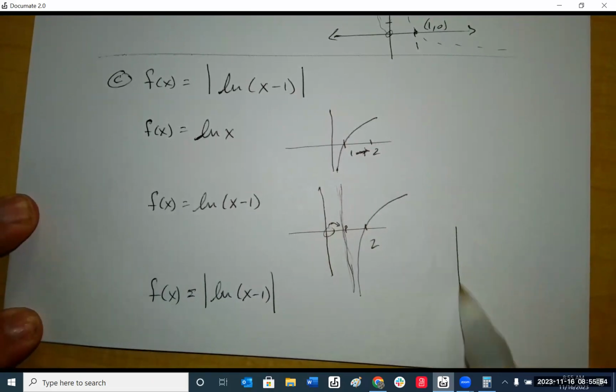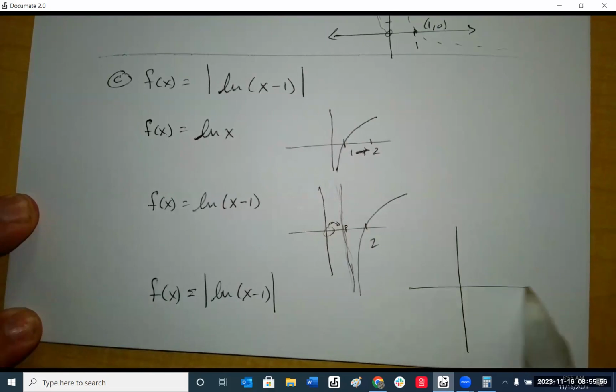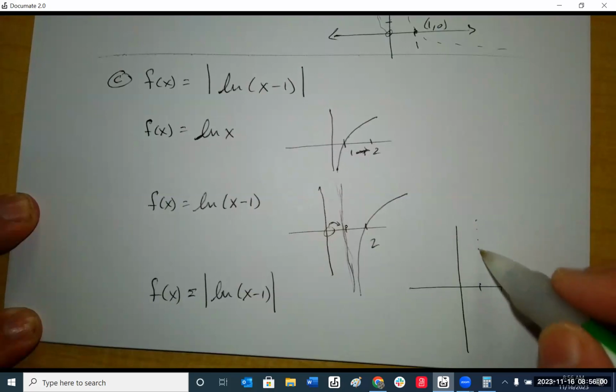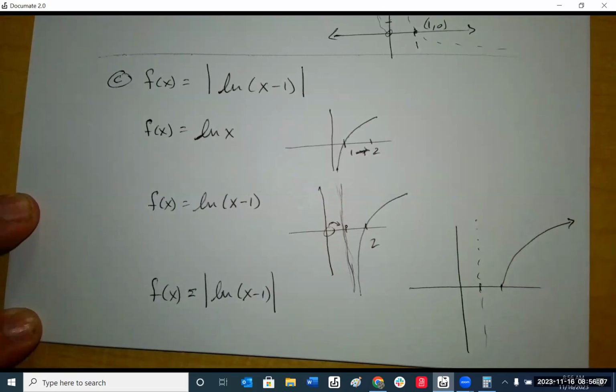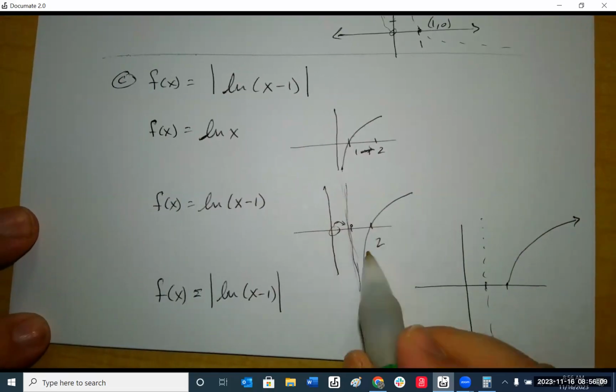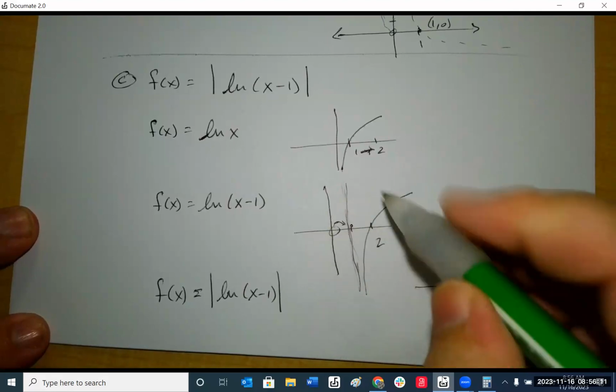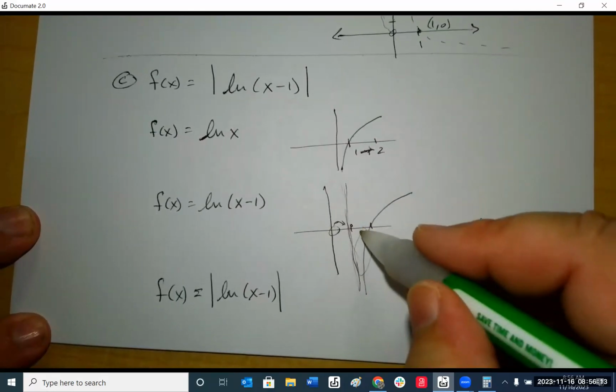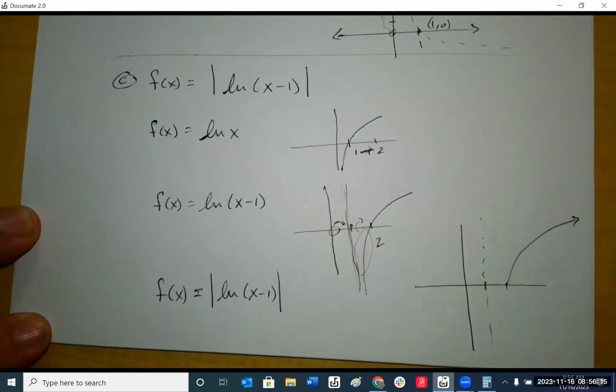That means my graph has a point at 2, and the positive ones stay positive. It's just that the negative ones, this part here, have to flip across the x-axis.